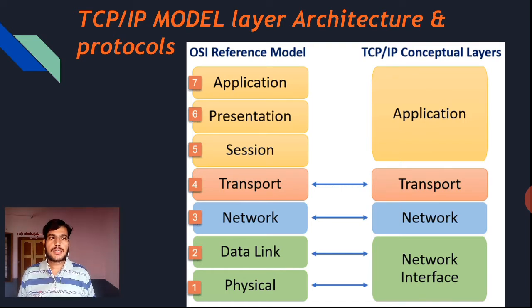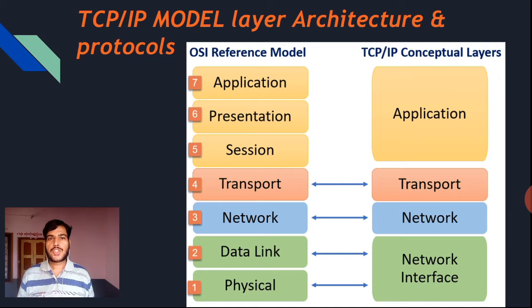But the TCP/IP conceptual model has been reduced to 4 layers. The application, presentation, and session layers have been merged into a single application layer. The transport layer is kept as it is, and the network layer is also kept as it is. The network interface layer is formed by merging the data link layer and the physical layer.